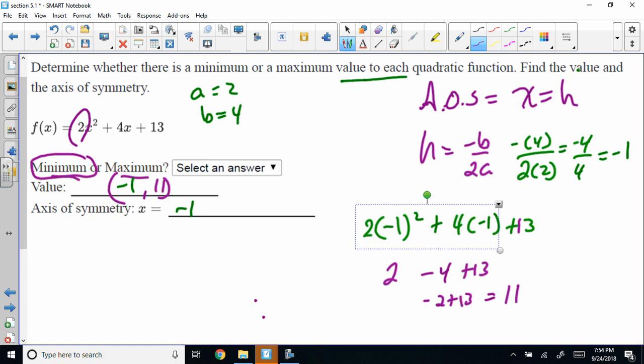So negative 1, 11, right? So y equals what? Depends on how they want it. If they say, okay, what's the minimum or maximum, its value, then yeah, that'd make a little bit more sense that they'd want that.